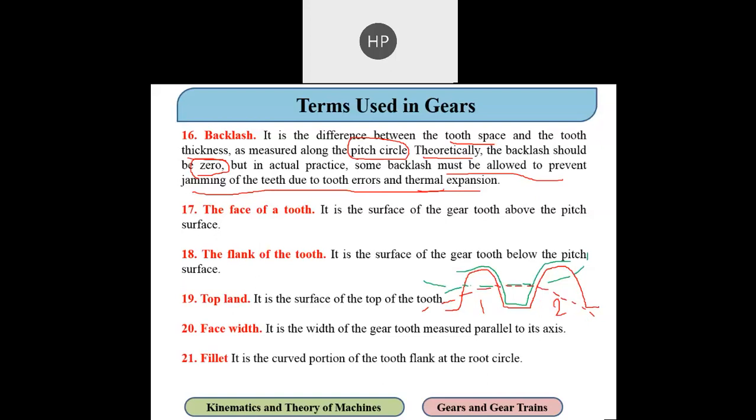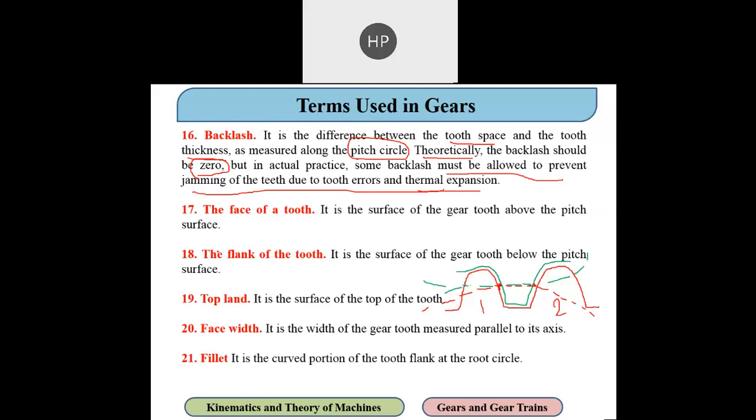Theoretically, this should be 0. But in actual practice, there will be some gap, and that gap is known as backlash.